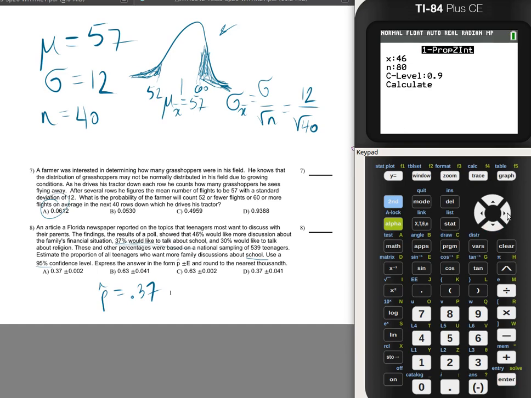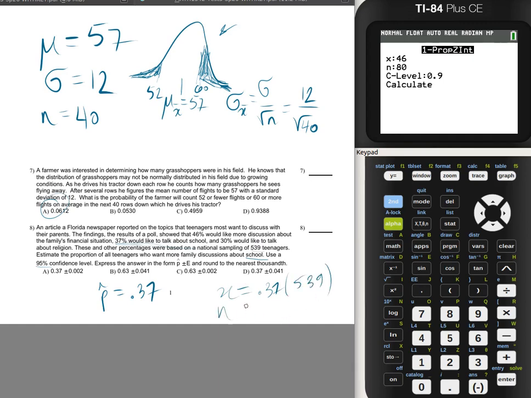So X here is 37% of the 539 teenagers, which tells us the number of teenagers that wanted to talk about school. It's 37% of 539, so that would be 0.37 times 539.